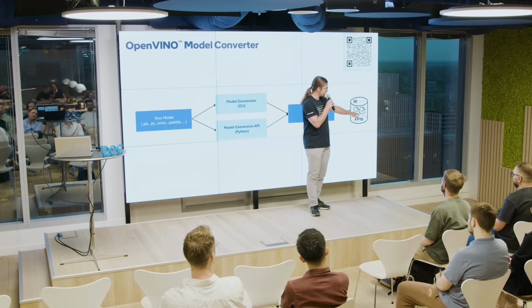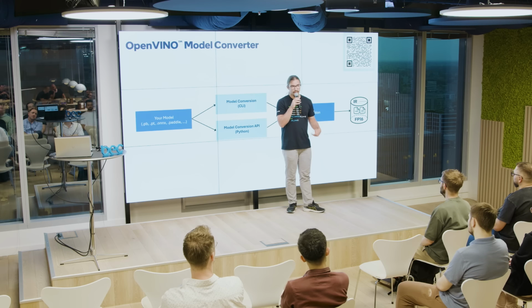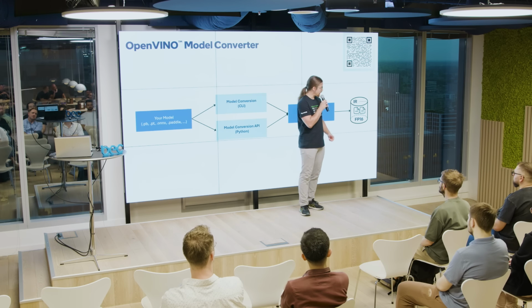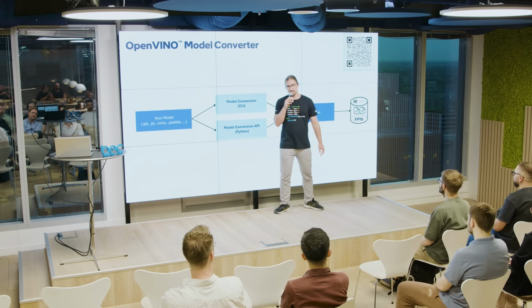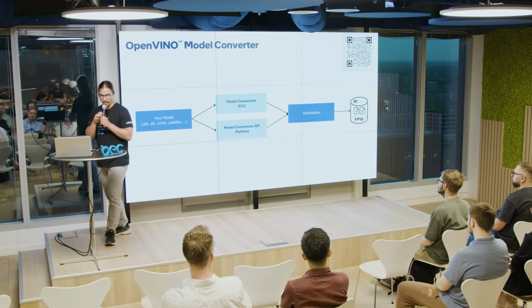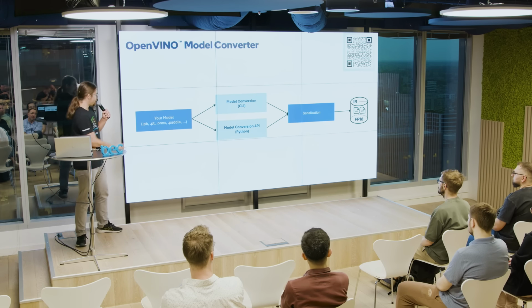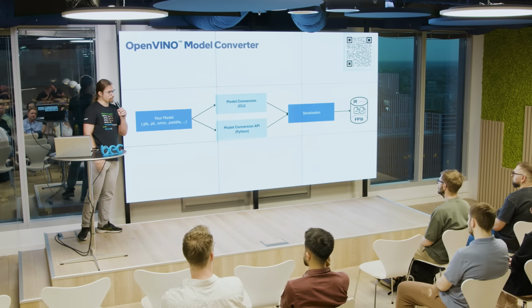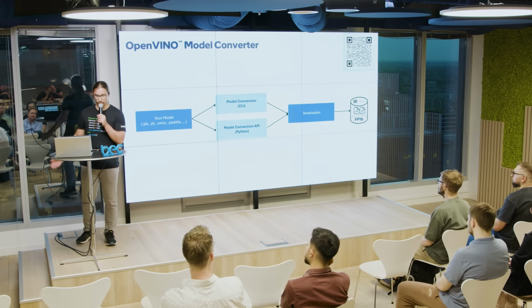One is an XML file, which contains the model architecture, so different layers are defined, different connections between layers, and a binary file, which contains all the weights of the neural network. So how do you convert your model in one of those formats to IR format?